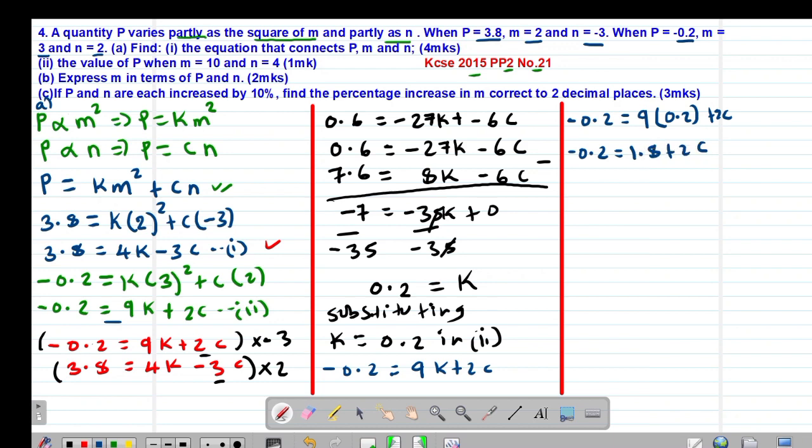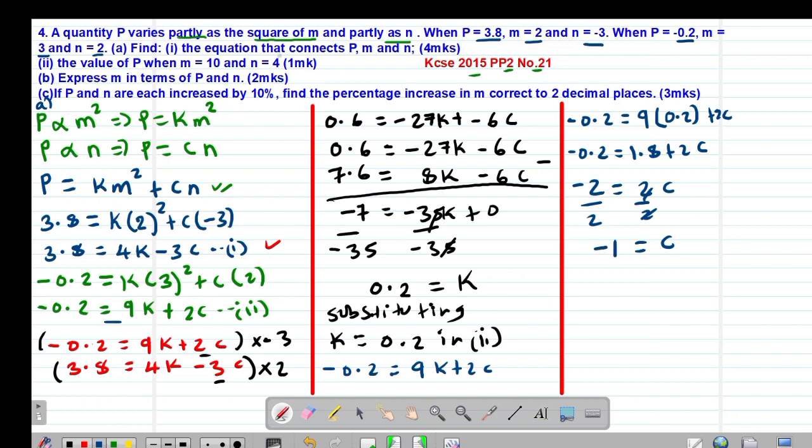So negative 0.2 minus 1.8, I'm going to get negative 2. So negative 2 is equals to 2C. So I divide through by 2, so the value of C will actually be equal to negative 1.